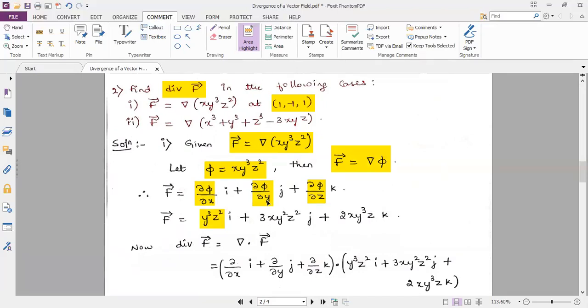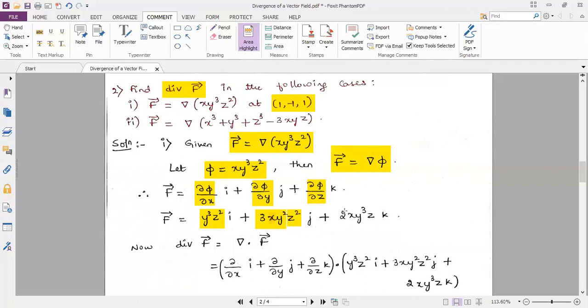So we need to differentiate phi partially with respect to y. With respect to y, x z square is a constant. So we write down x into z square as it is. Differentiation of y cube is 3y square. So we get 3xy square z square j cap.